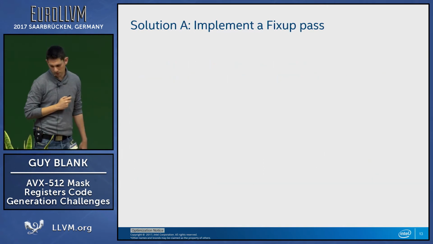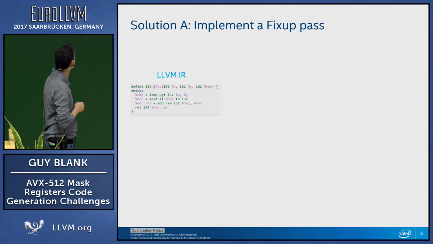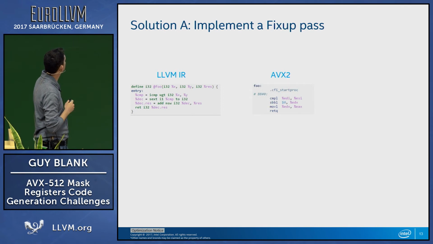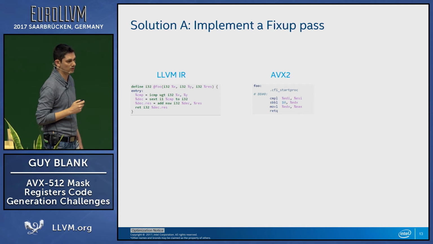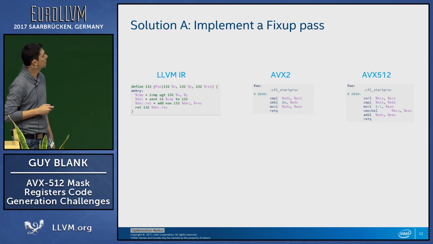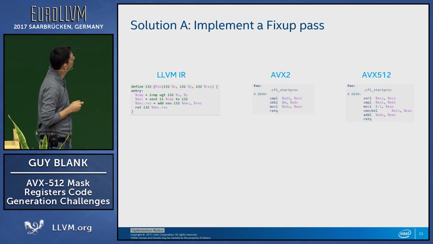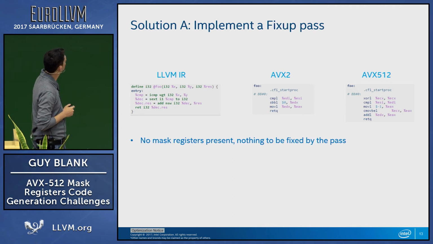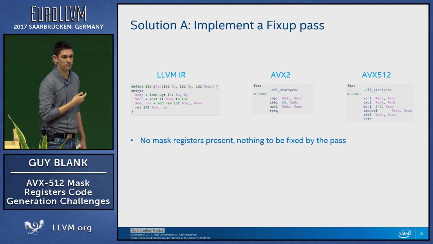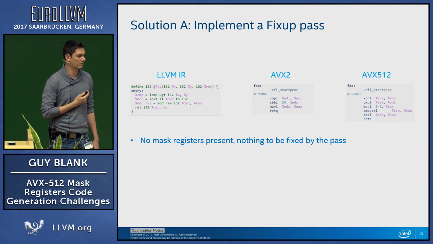Another issue that we've encountered with this is an LLVM IR from the test base. It isn't really important what it does, but it expects to generate the SBB instruction, subtract and borrow. In AVX2 it succeeds, and in AVX512 it doesn't. But if you look at the code here, you can see that this is strictly GPR code. There are no mask registers here, so the pass that we've suggested wouldn't solve anything here.